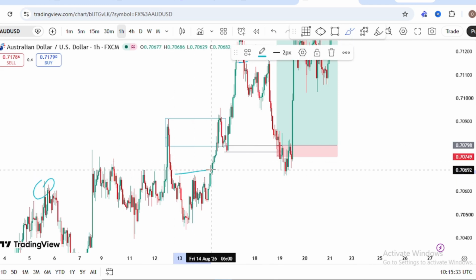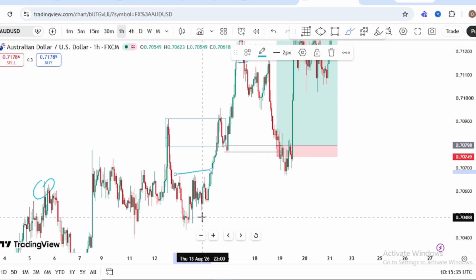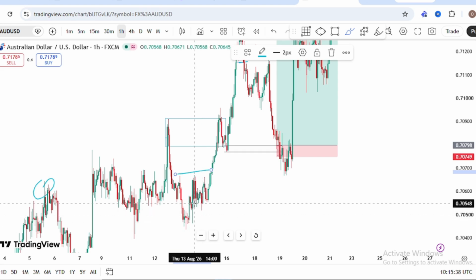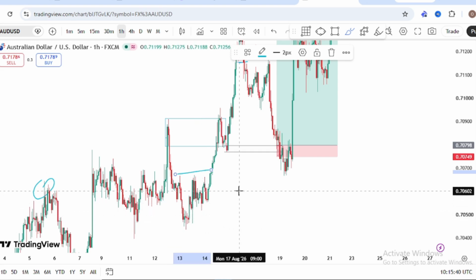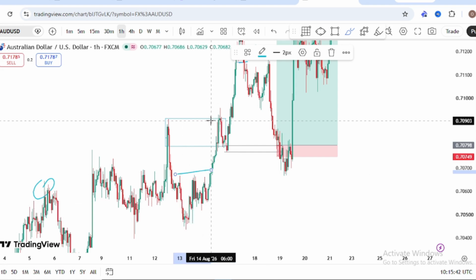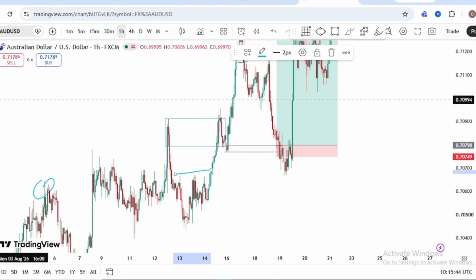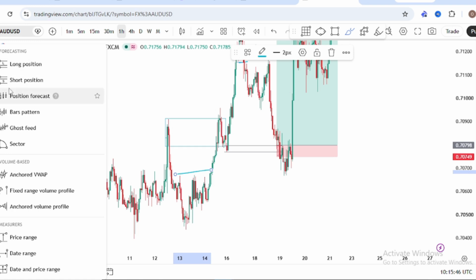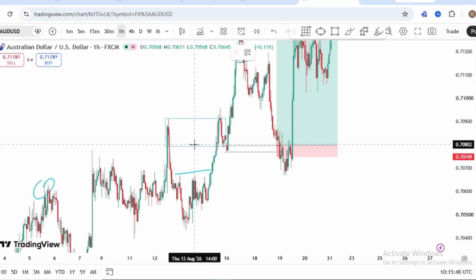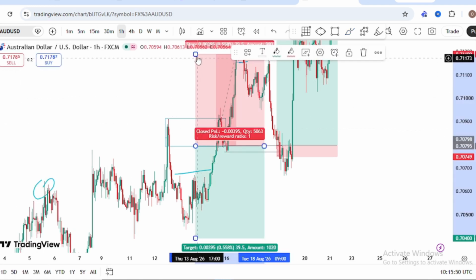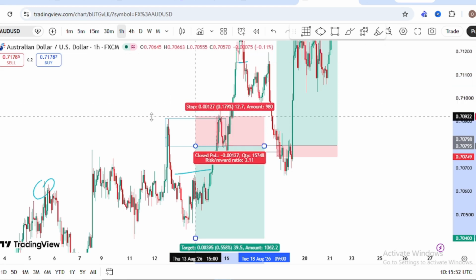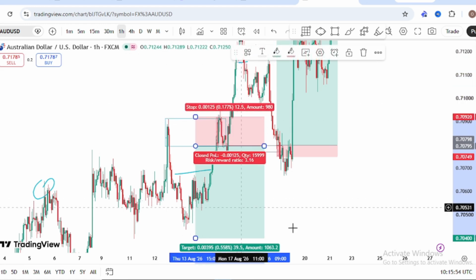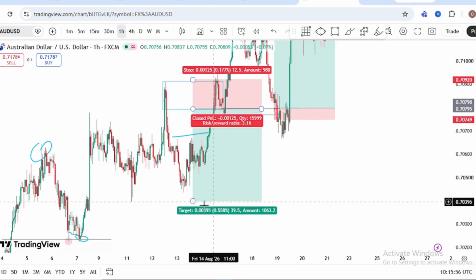Here is liquidity, and a normal SMC trader who doesn't consider the market direction would like to short here, put a short position here, and place the order. The stop loss will be placed above this.